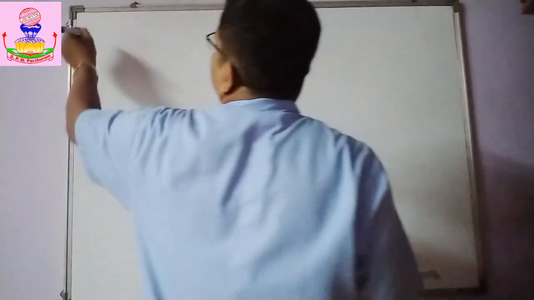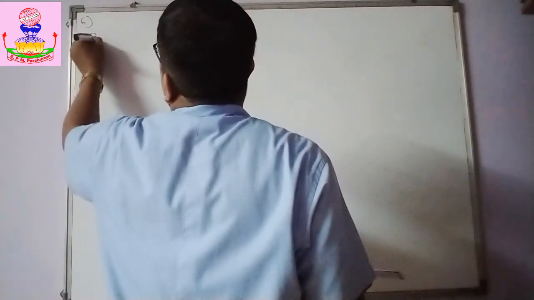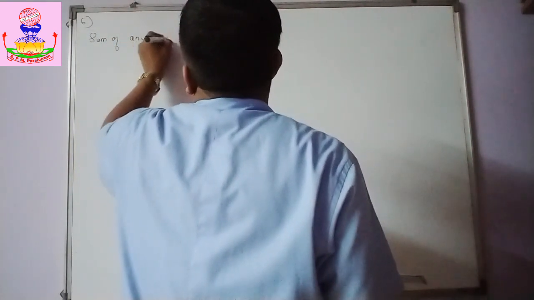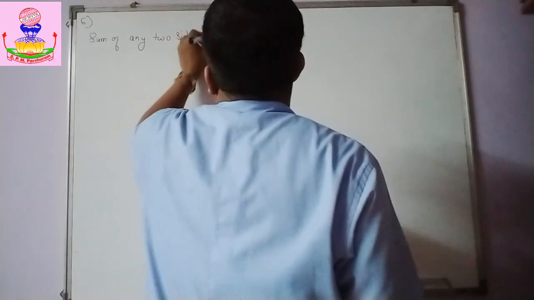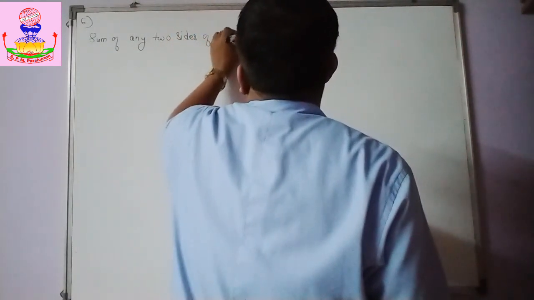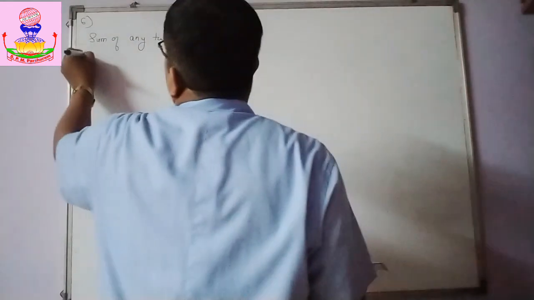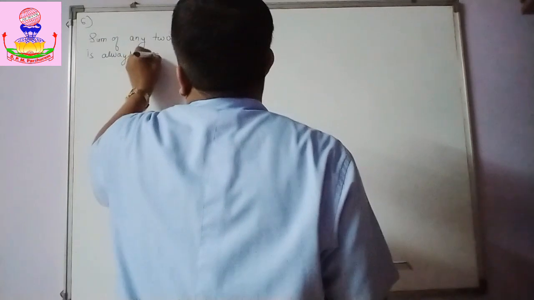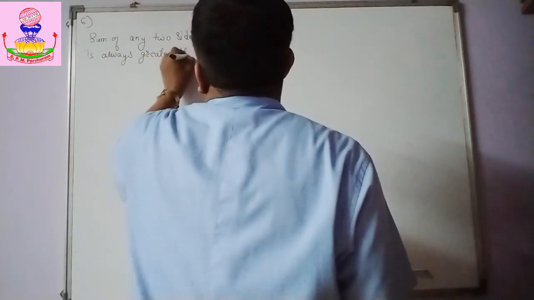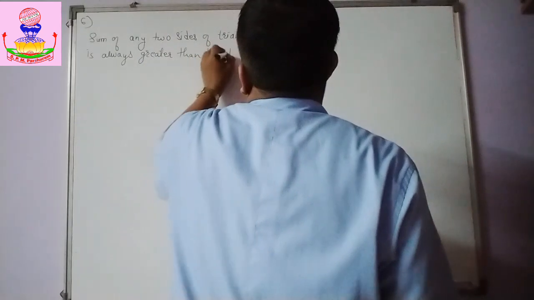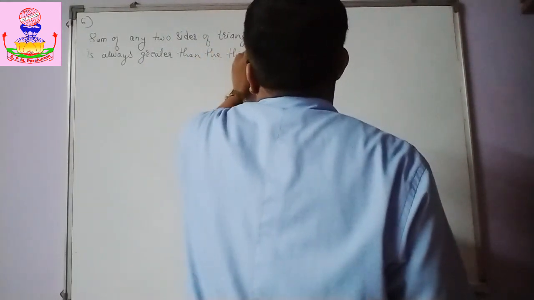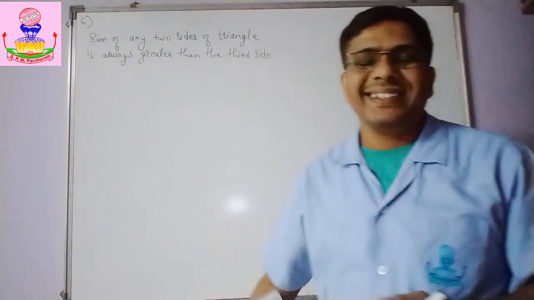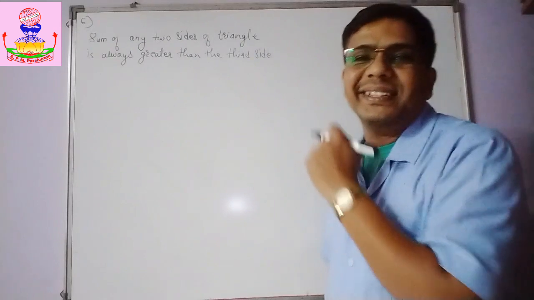Now we know that the sum of any two sides of a triangle is always greater than the third side, right? That means the third side should be smaller than this.